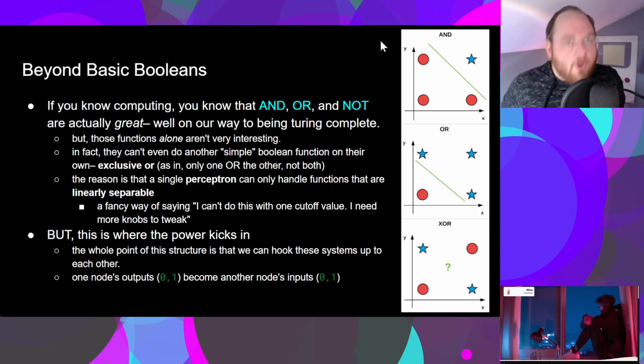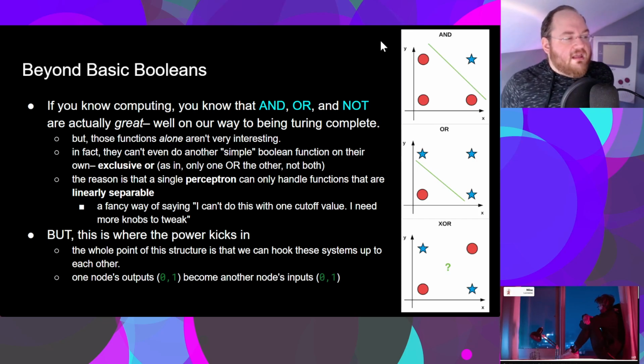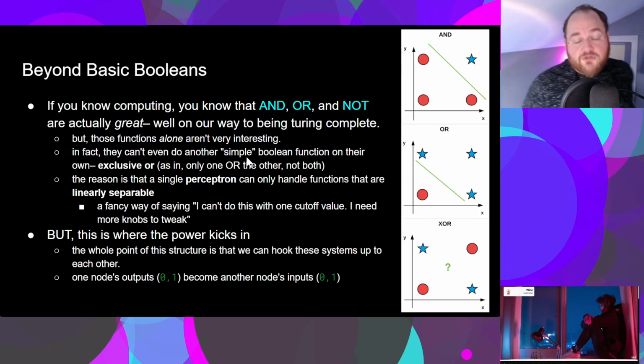the functions alone are not very interesting, right? I combined 2 bits and changed them into a different bit. Oh, that's fine, right? The real power is that you can combine them. There are other simple Boolean functions that exist, right? Exclusive OR is one that we use all the time.